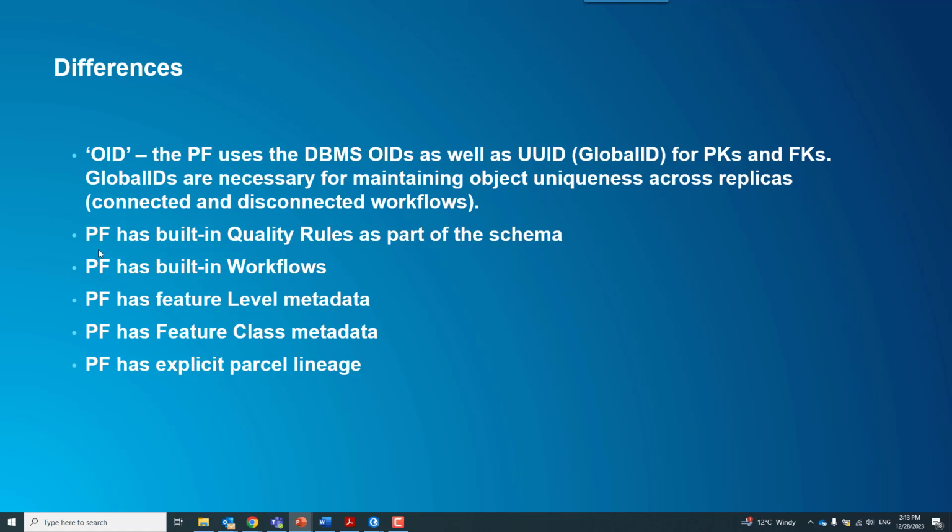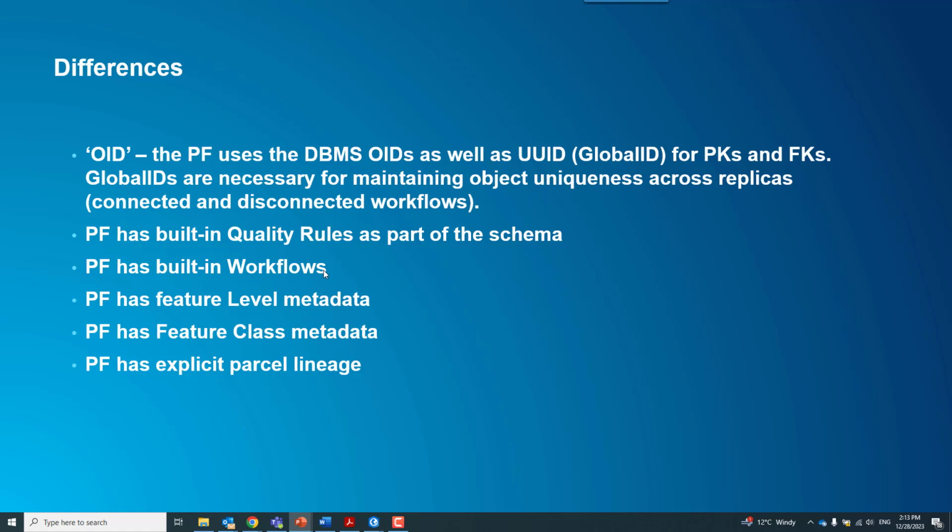Other differences are that the Parcel Fabric has built-in quality rules as part of the schema. We want to guarantee that certain things, like we don't want to see boundary lines self-intersect, right? Or create invalid geometry. So we have those quality rules in place.